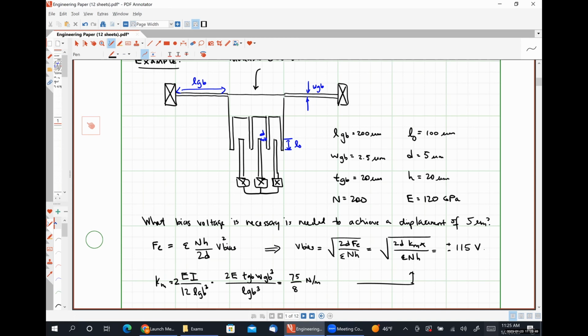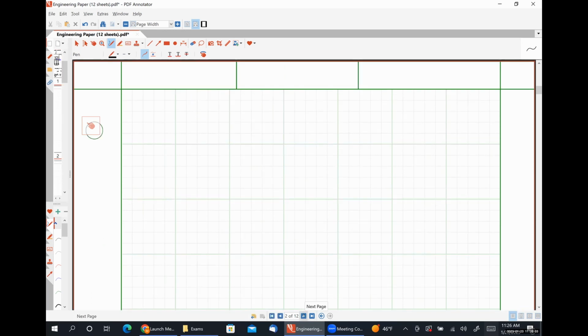Okay, so the next scheme that we're going to talk about is effectively using dielectric tuning, and it's got some very interesting results. So in order to employ dielectric tuning, there are actually a couple of limitations.